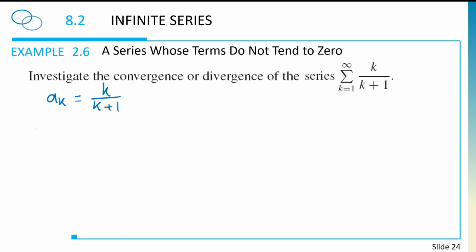I'll check the limit of aK as K approaches infinity. So the limit of K over K plus 1 as K approaches infinity. If you check direct substitution, it will give you infinity over infinity. Now, to find this limit, you could use L'Hopital's rule. But remember here K is an integer, so I could use x.